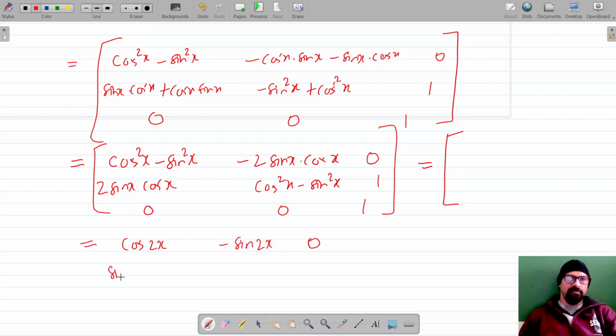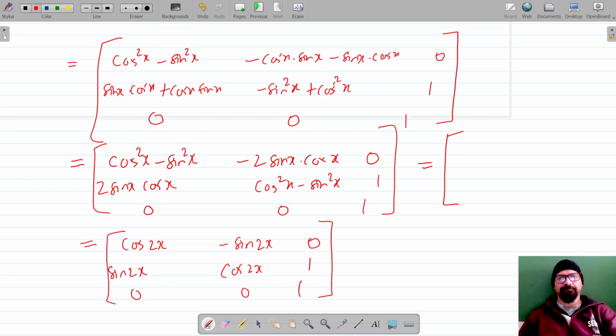This is sin 2x, cos square x minus sin square x is cos of 2x, 0, 0, and 1. So this is f of x the whole square.